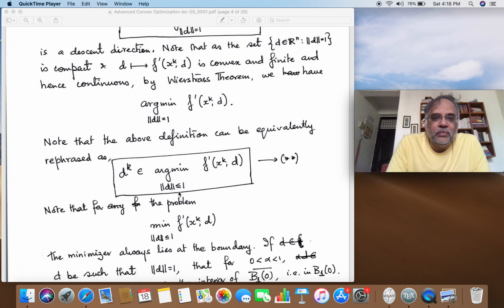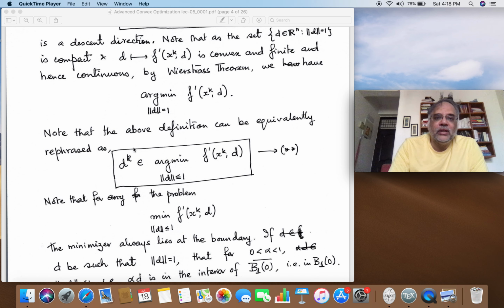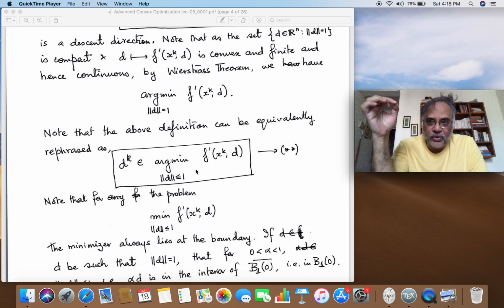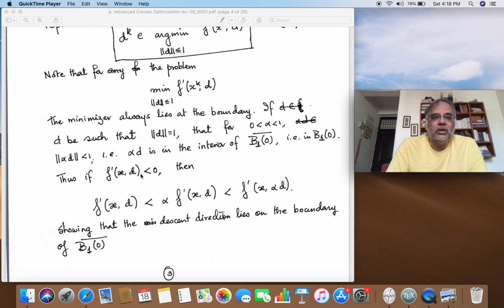The reason is very simple, because even if you take this problem, the minimizer can only lie on the surface. If you have a vector where f'(xk; d) is strictly less than 0, then multiplying that by alpha, here there will be an equality, not a strict inequality.